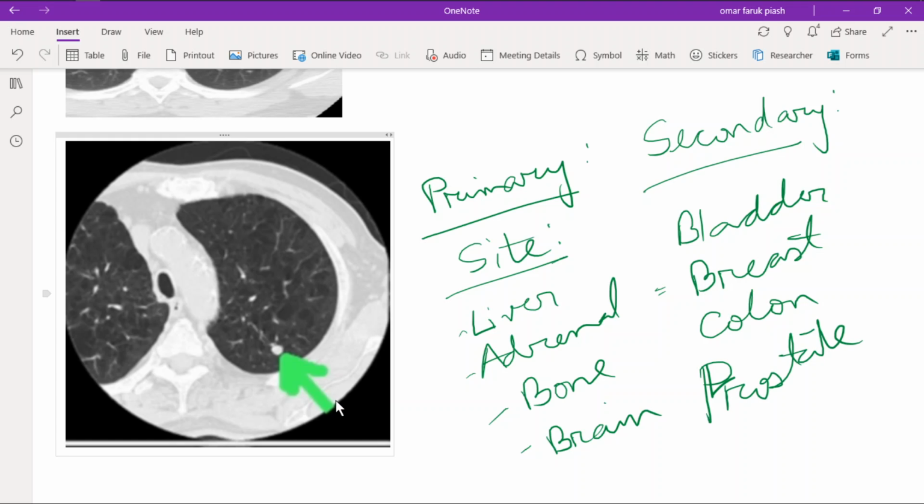So if the cancer is secondary, the primary common areas are bladder, breast, colon and prostate, and it metastasizes to the lung.